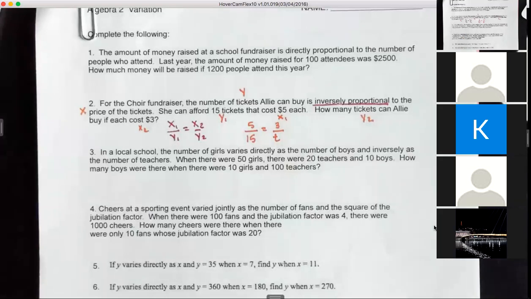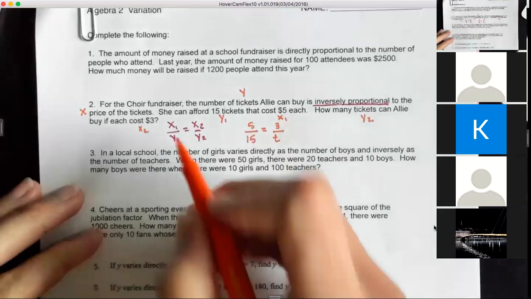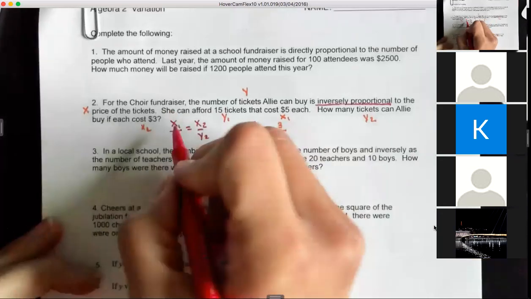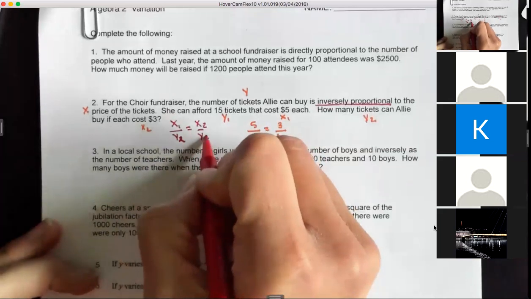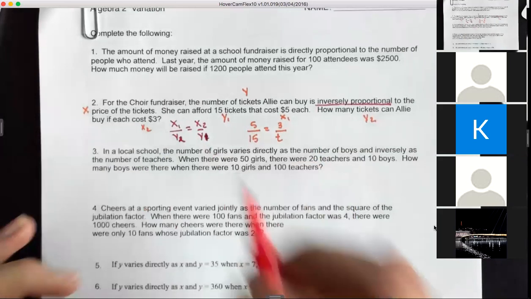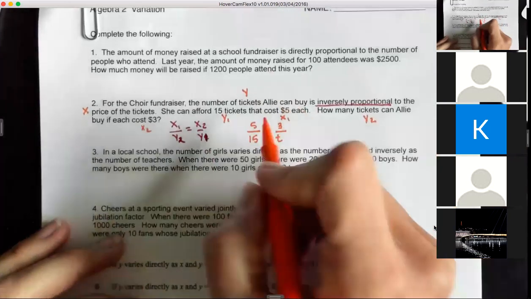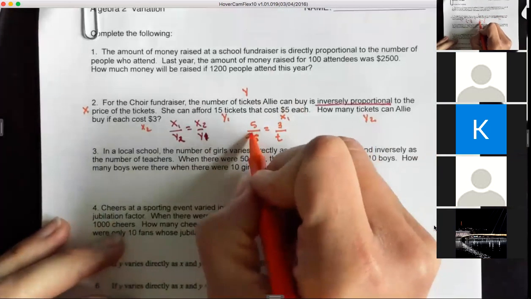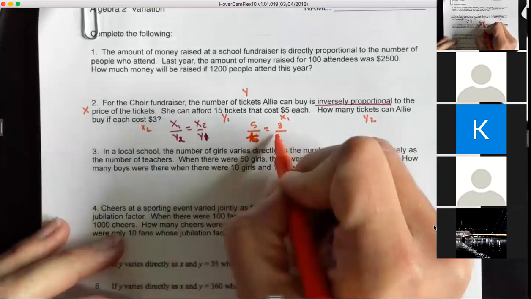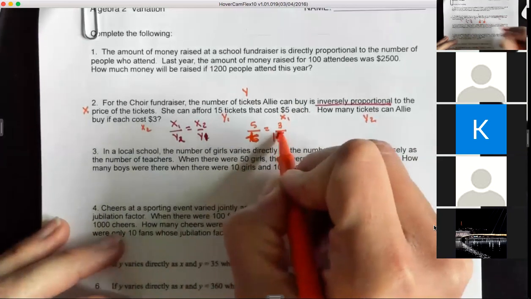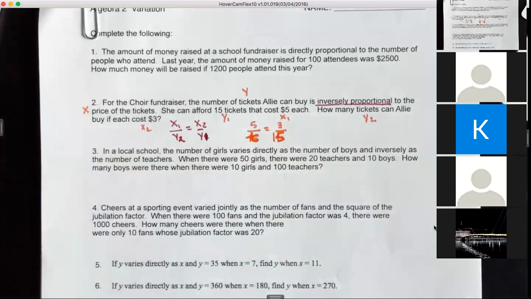Oh, I did it wrong. Nobody told me that. This should be a 2 and this should be a 1. I knew I didn't flip-flop something. I looked over at my formula sheet. This should be T, and this should be 15. Sorry about that.